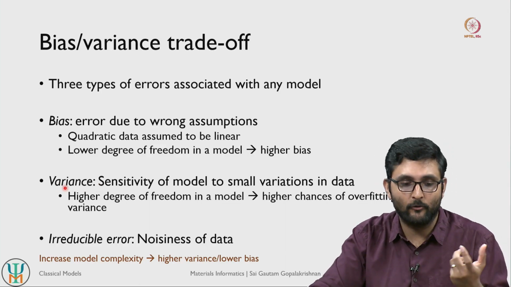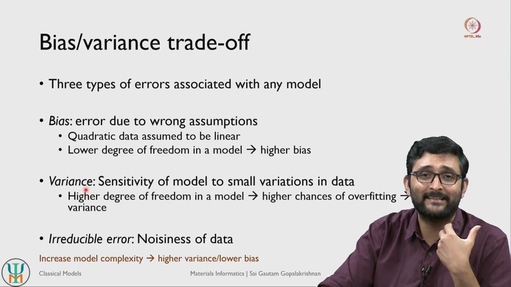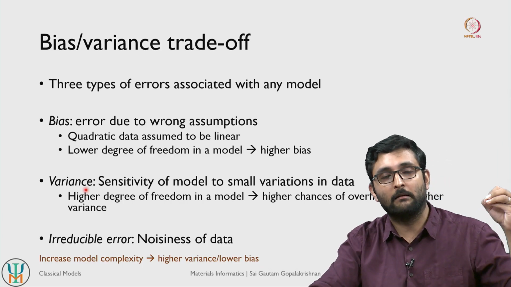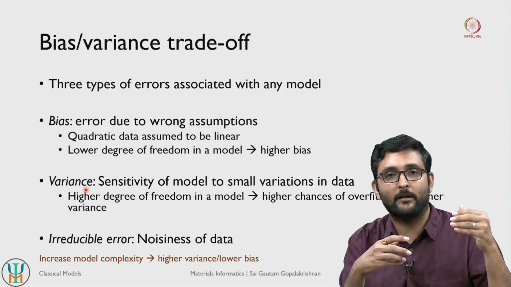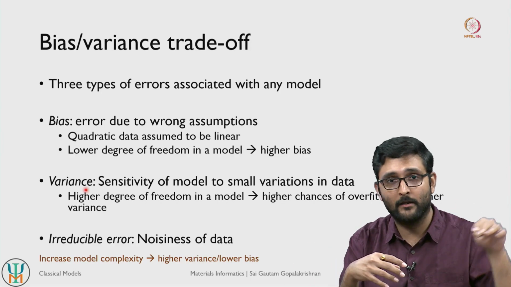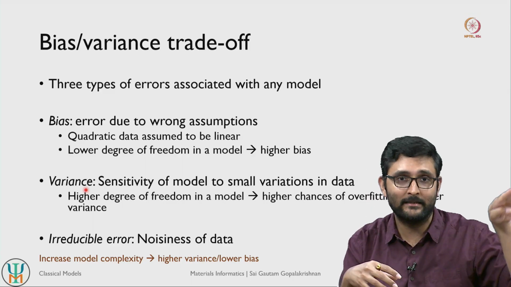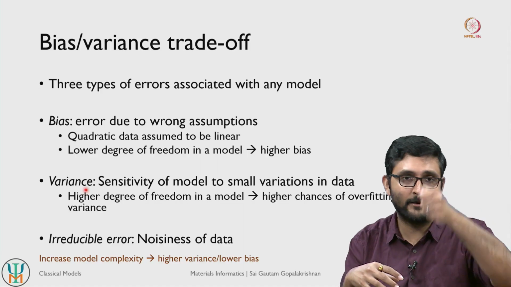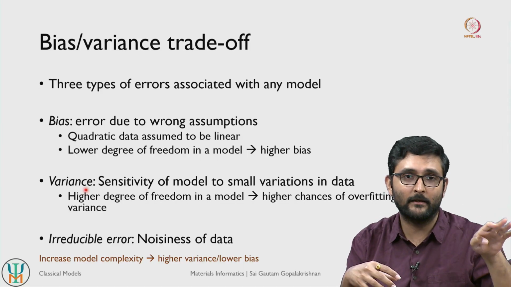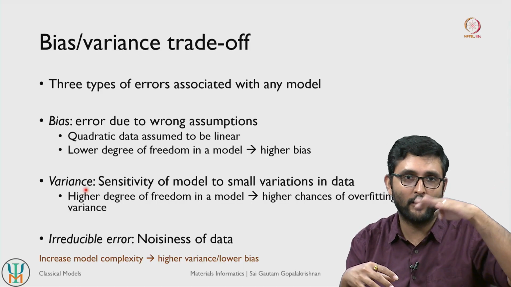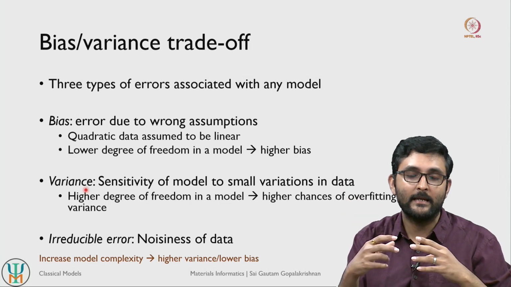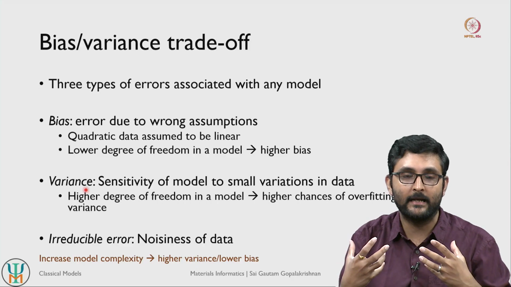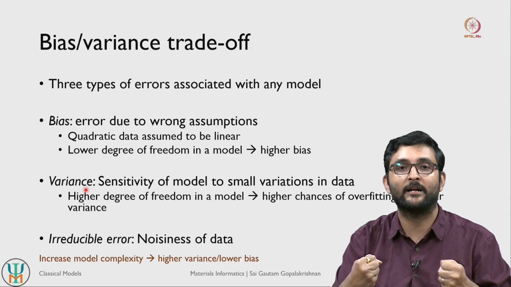So let us say you have a few outliers, and if your model becomes extremely sensitive to the presence of these outliers. So if you imagine that you are using a 4th degree polynomial to fit this quadratic data, small changes in the outliers, so if you shift one of your data points up and down by a little bit, you will see that the polynomial fluctuates more, because the model inherently has a lot of flexibility in trying to fit the data, and it will try its best to reduce the errors.